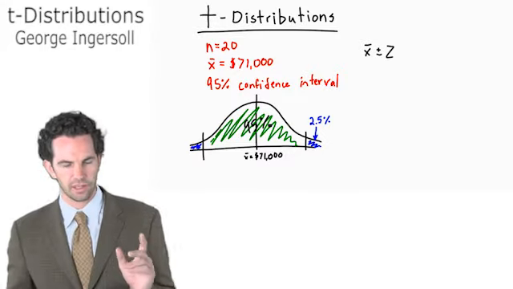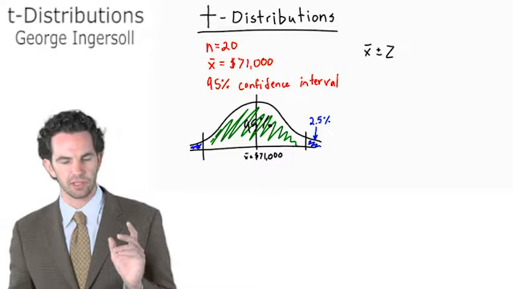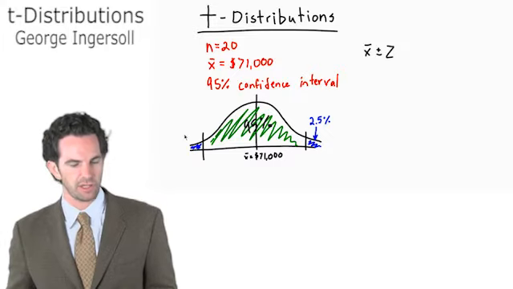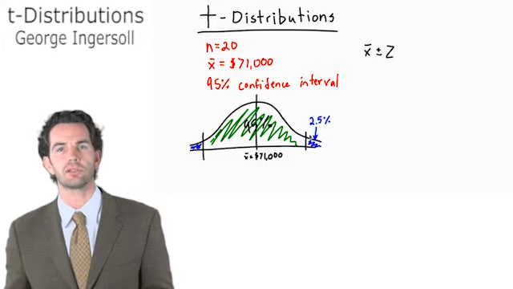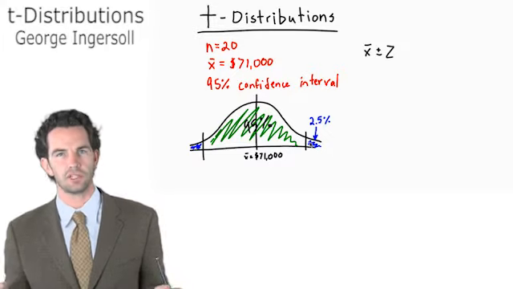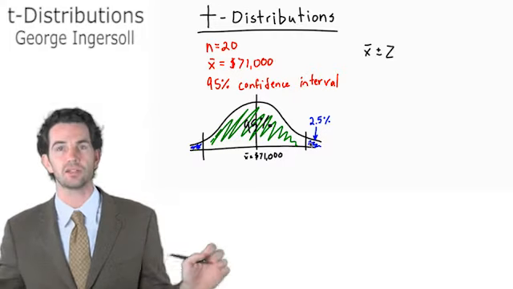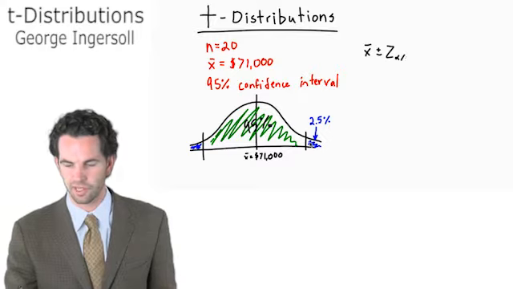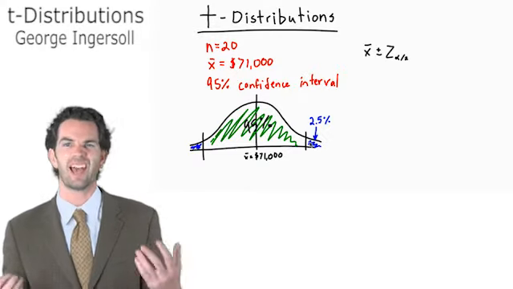Because we're dealing with the 95% confidence interval, our alpha, our total uncertainty, is split up, since this is a confidence interval and we're dealing with two sides. So we're actually going to say alpha divided by 2, because that's half of our uncertainty.